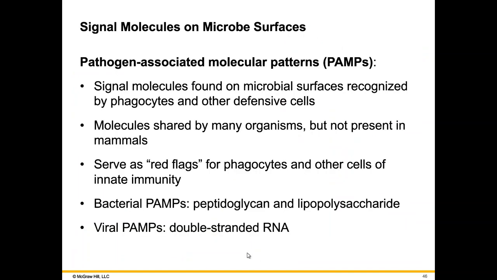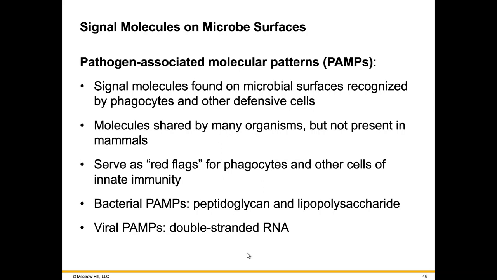So what are examples of PAMPs? We've talked about them a couple times at this point, but let's go into a little more detail. We have signaling molecules found on microbe surfaces that are recognized by our phagocytes or any other defensive cells.